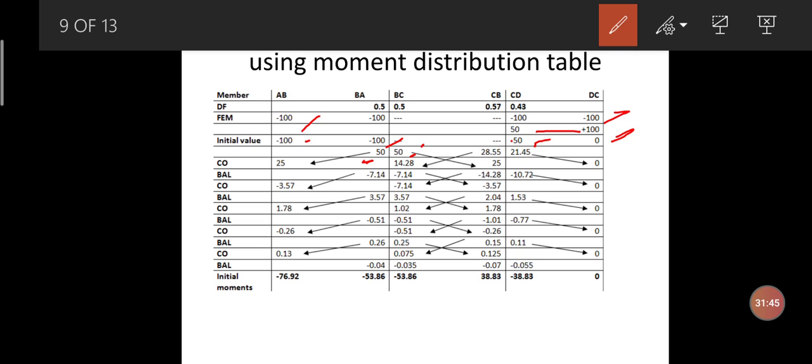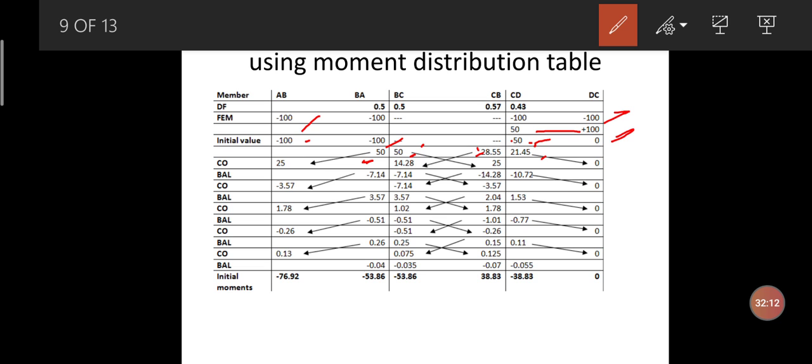Next I have only 50 here with a negative sign convention at CD. This minus 50 I need to balance for CB and CD with the positive variation. So plus 50 into 0.57 gives plus 28.55 and plus 21.45.